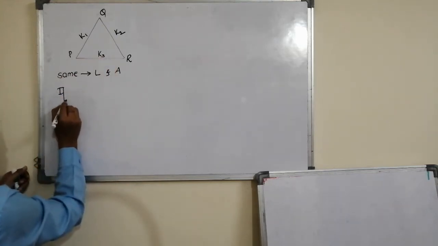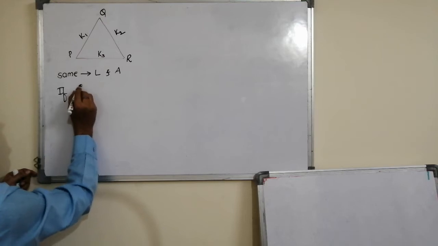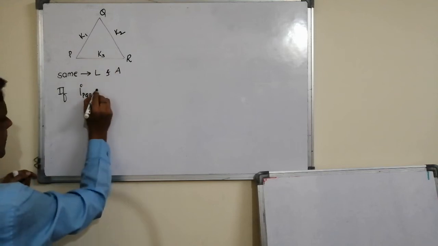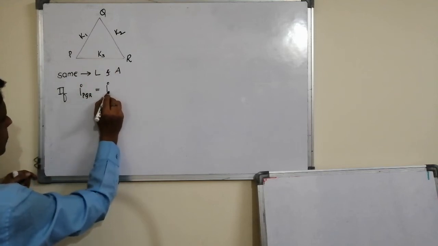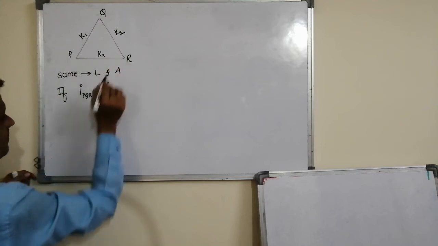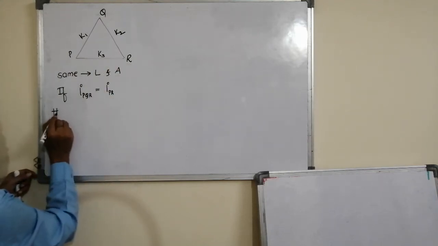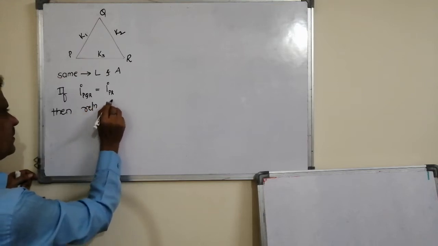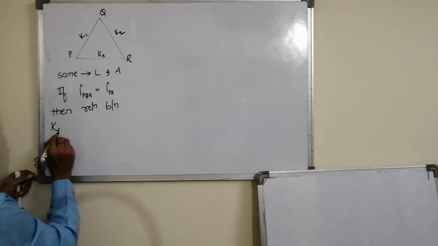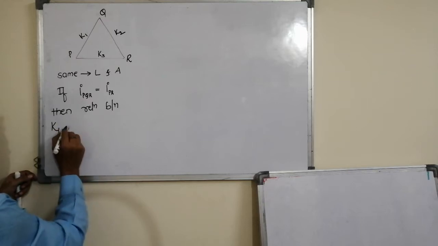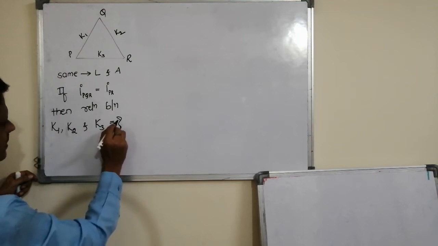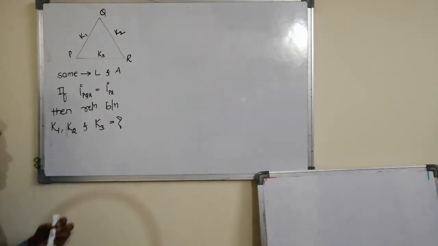If the current flowing through PQR is equal to the current flowing through PR, obtain the relation between K1, K2 and K3.